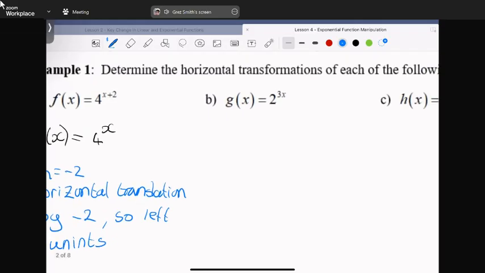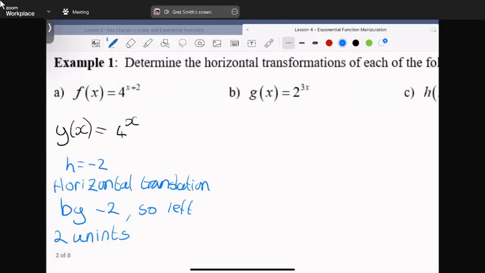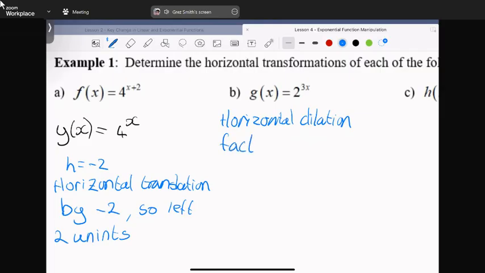Okay, here in this next one, what is the horizontal transformation occurring here? Horizontal dilation? What's the factor?